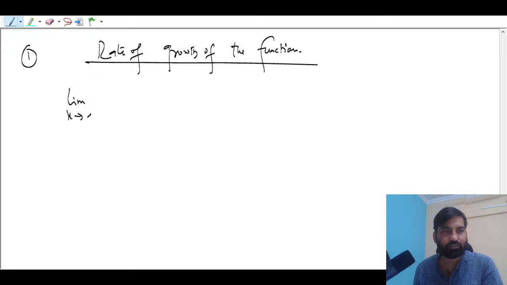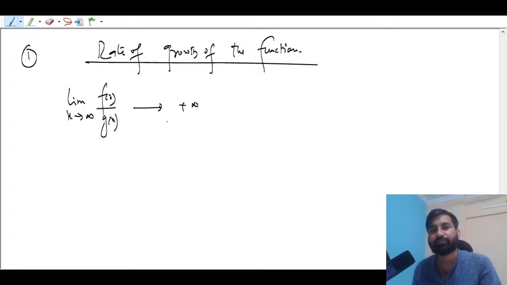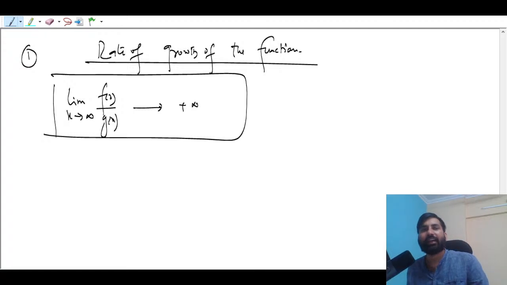So x tending to infinity, suppose f(x) upon g(x) is there, and if this is tending to plus infinity when we are computing this limit, so what we can say here, guys, is that the numerator is becoming faster.